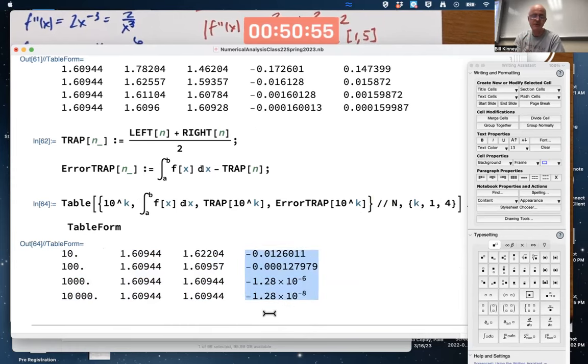And in fact, if you look at these numbers carefully, you see that in absolute value, they're decreasing by about a factor of 100 each time. From about 1 times 10 to the negative 2 to 1 times 10 to the negative 4 to 1 times 10 to the negative 6 to 1 times 10 to the negative 8. That's because in the error theorem, we're dividing by n squared for trapezoid. And they are negative errors over approximations.